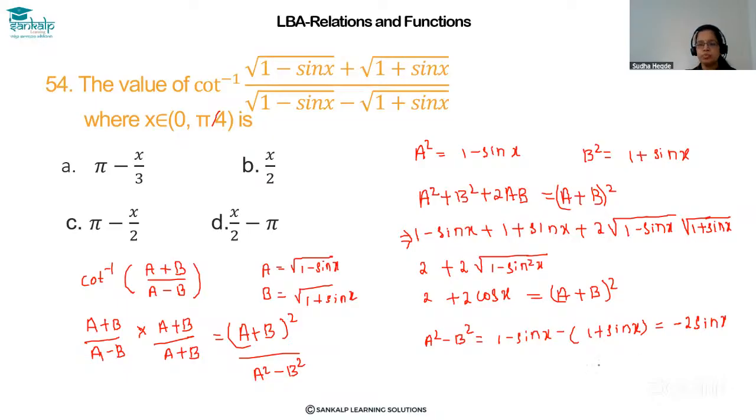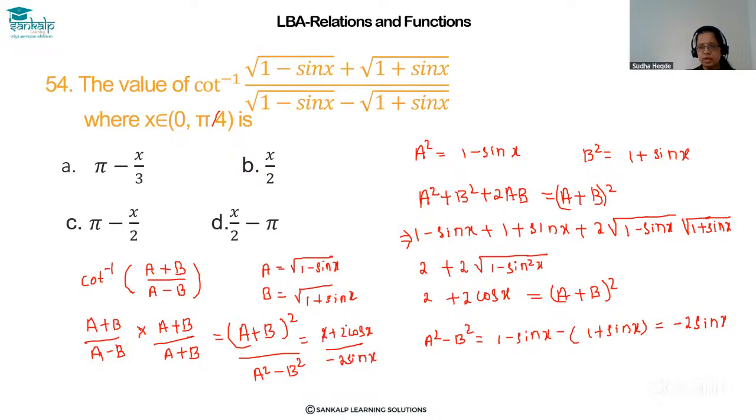Correct? Now substitute this here. What will you get? This is equal to A plus B whole square is 2 plus 2 cos x divided by minus 2 sin x.